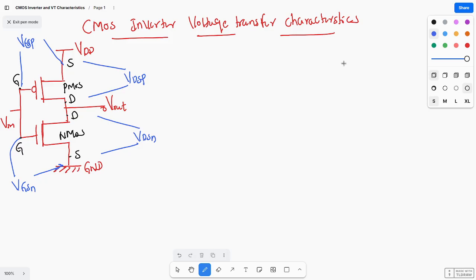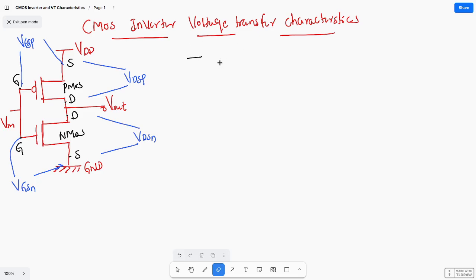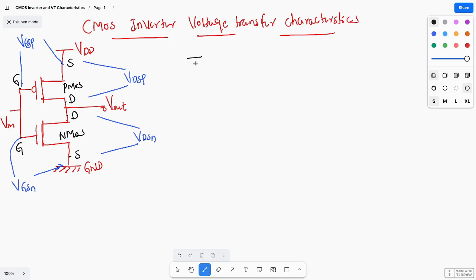Okay. So here you need to consider some parameters. We already saw VTN. VTN is nothing but the threshold voltage of NMOS. Okay. We already saw this in the MOSFET. VTN, the threshold voltage of NMOS, is positive. Okay, it is the minimum gate voltage such that VGS should be greater than VT, so that the channel is forming, that is nothing but the strong inversion layer.